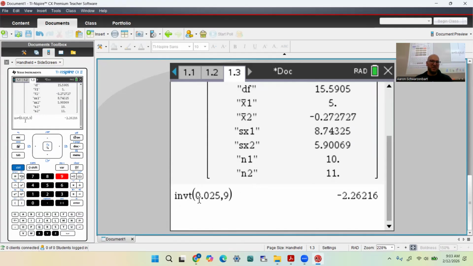It doesn't matter. If you did 0.975 for the other one, it would give you that. The T table that it has is doing exactly the same as the Z table. That's why the lower one was negative, because the lower side of the Z table is negative.